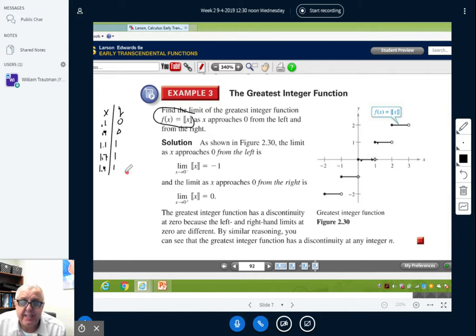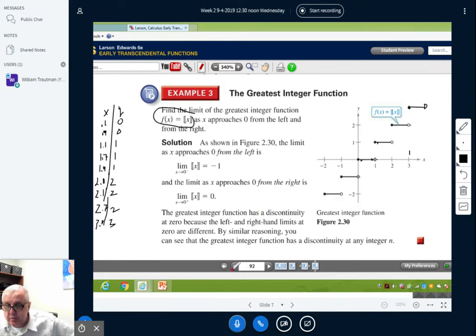We don't get to the next higher integer until we pass that threshold of 2.0. Then 2.1 is 2. 2.7 once again is 2. Eventually we'll get to 3.0. Once we get to 3.0, then we'll go up to 3. And if you see, it's filled in at 3, and then it'll keep on going. So I just wanted to introduce that greatest integer function.